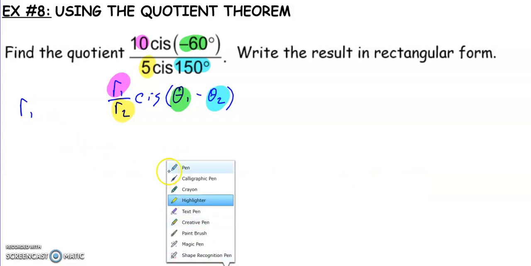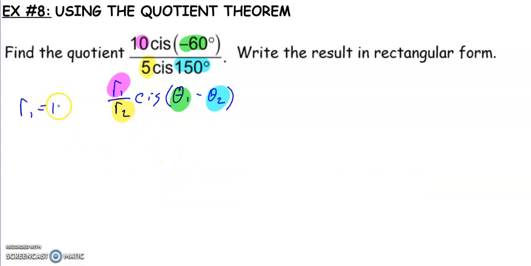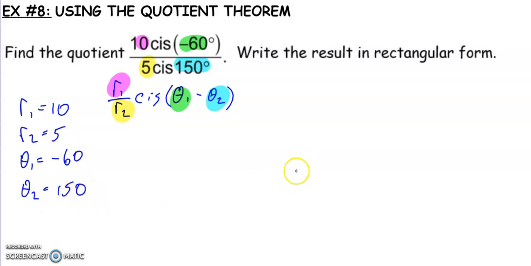Alrighty, so when we plug this in, I know R1 is going to be 10, R2 is 5, theta 1 is -60, and theta 2 is 150. So when we plug this in, we are going to do 10 divided by 5 times cis of -60 minus 150.